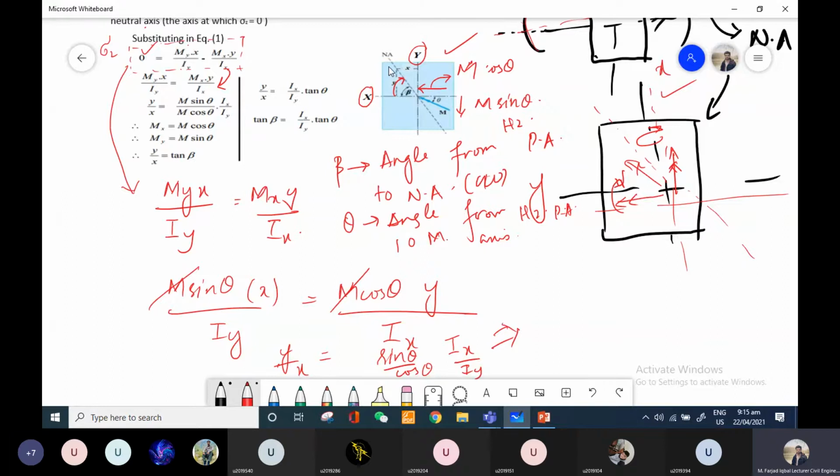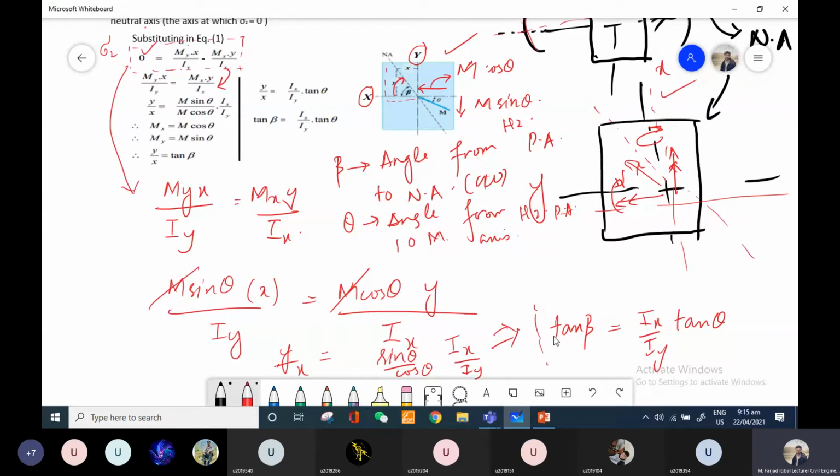Now if I further simplify this equation, this is y over x over here. Can I say that this y over x, this is y, this is x? Can I say that this y over x is equal to tan beta, because that is also perpendicular over base? So y over x is tan beta, this sine theta over cos theta is tan theta, and then this Ix over Iy is again our moment of inertia.